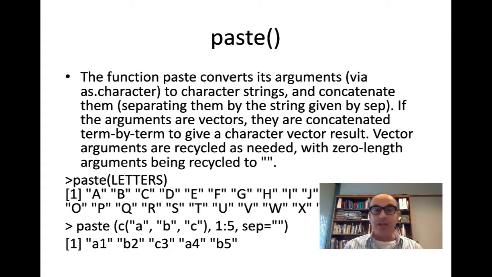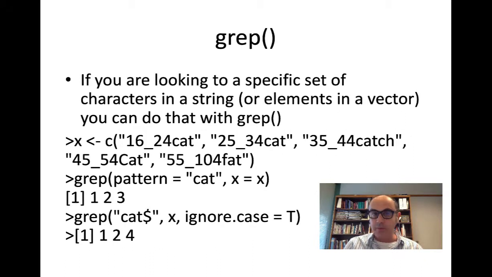So it allows us to make an argument using a vector in order for us to apply and to recycle what is needed. So in this case, paste letters, and it will give me all the alphabetical letters, and then paste can give me a little bit more, with regard to setting it up and being able to add some numerical value to the ABC.